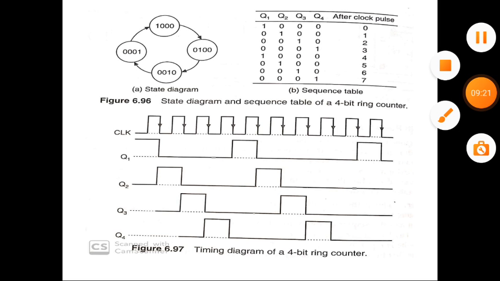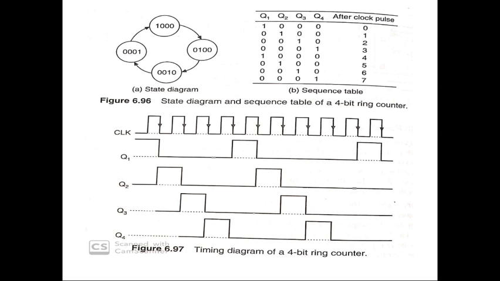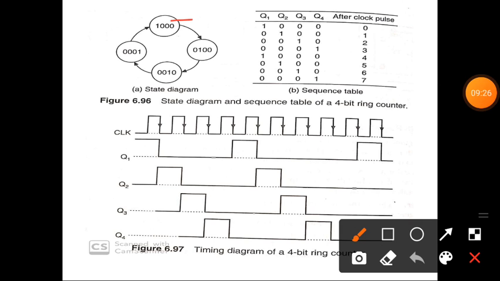Its initial state starts from 1 0 0 0, then the 1 is shifted to the right, 0 1 0 0, then again 0 0 1 0, then 0 0 0 1, then again 1 0 0 0.